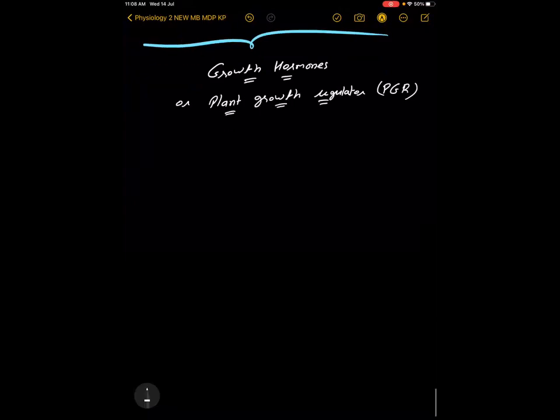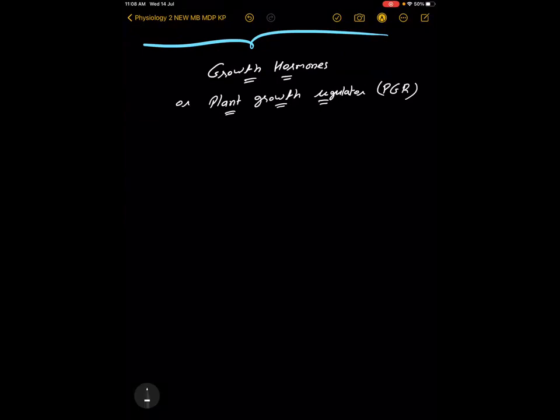These are some substances which regulate or control overall growth and the physiological actions in the plant. These are hormones.